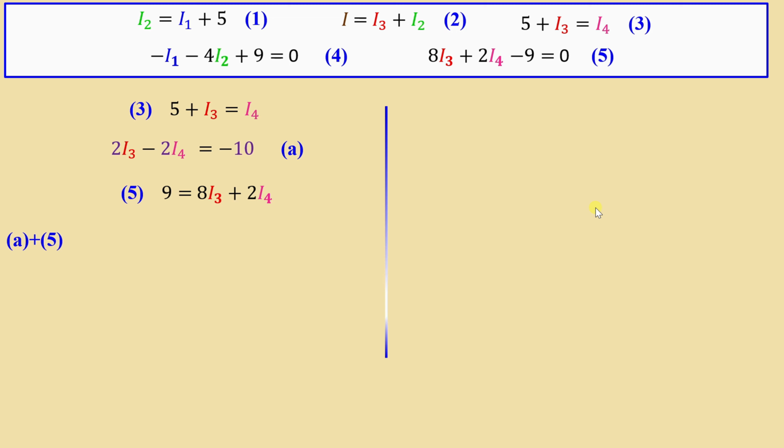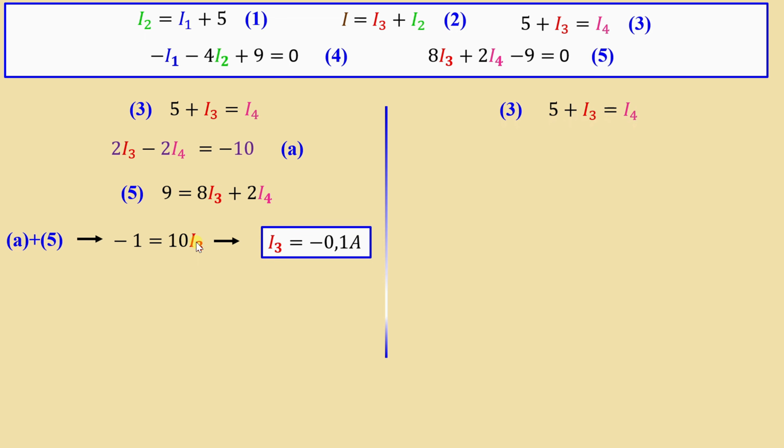If we do A plus 5, we can easily cancel the terms 2I4. Then we obtain finally negative 1 is equal to 10 I3. That means I3 is equal to negative 1 over 10, which is negative 0.1 amps.